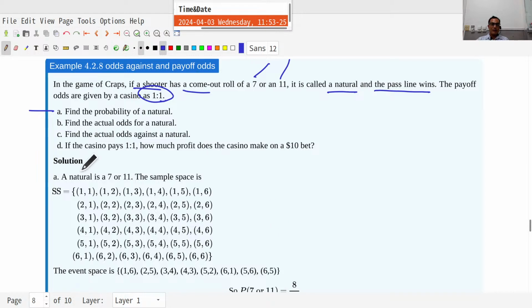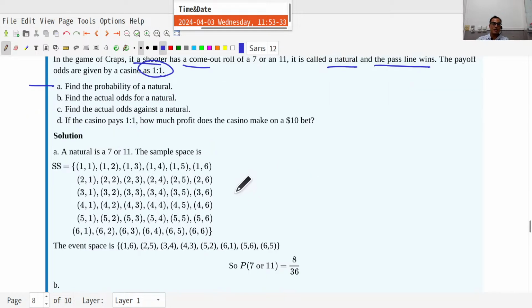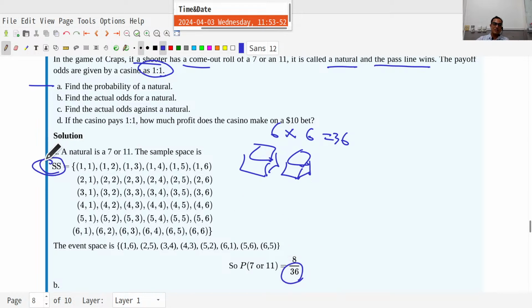Okay. A natural is 7 or 11. The sample space: there are 36 combinations because you have two dice, and each die has 6 faces, and 6 times 6 will be 36 events. That is the sample space.